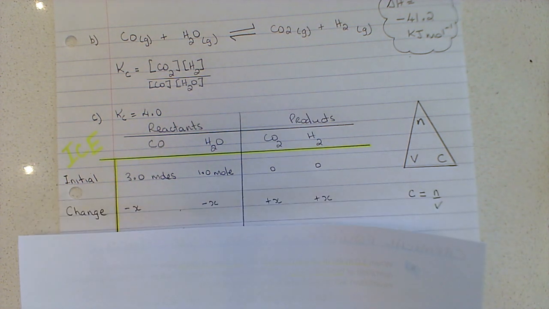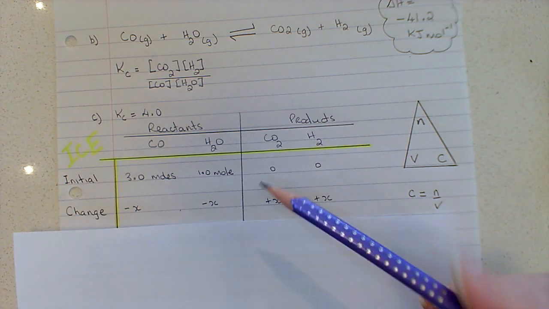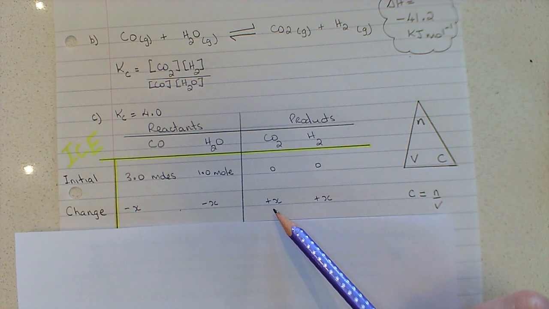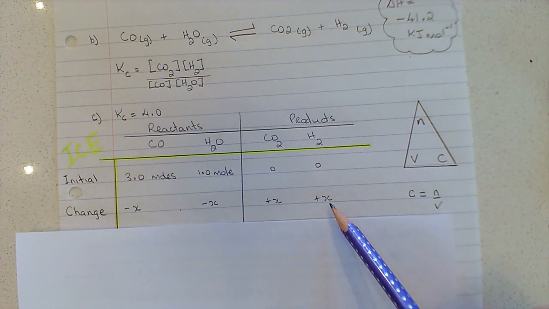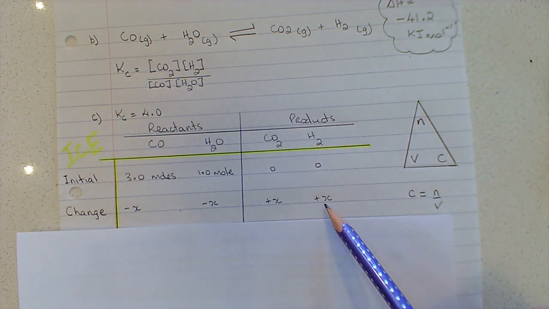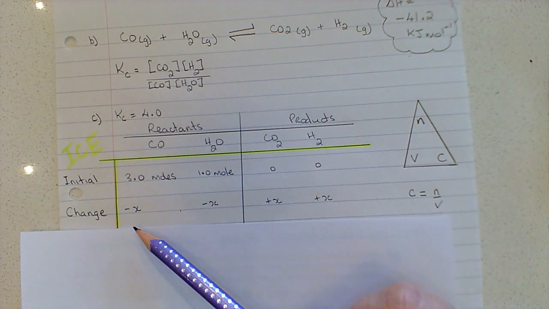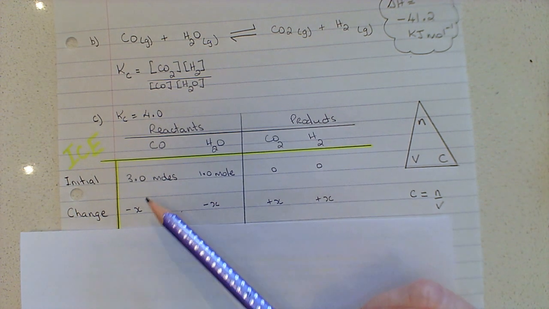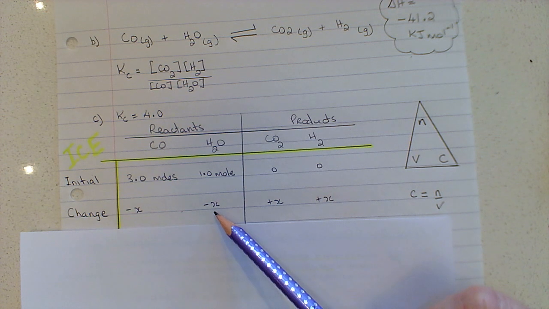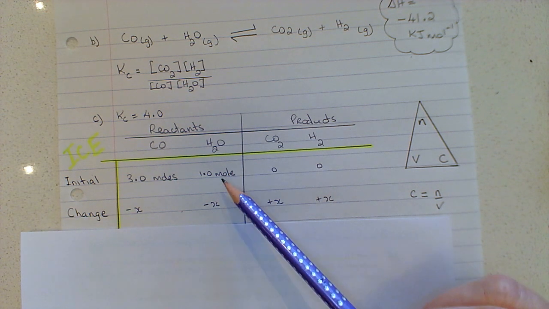Now, we do not know exactly how much reactants were lost or products were made, so we use the value X, okay? So we are saying that we made X amount of CO2 and we made X amount of hydrogen in this reaction, and because the reaction ratios are all 1:1, that means that we lost X moles of CO, carbon monoxide, and we also lost X moles of water.